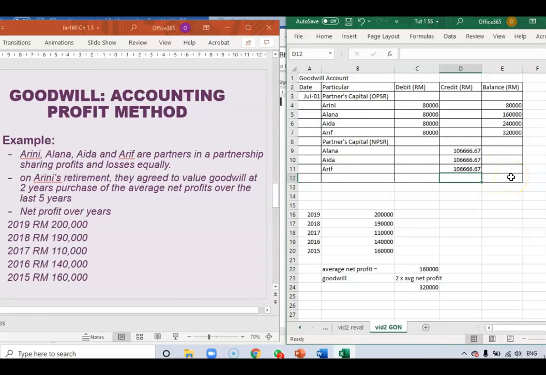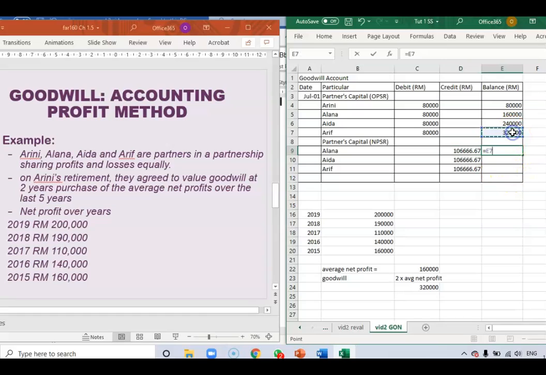So later in your partners' capital account, you will credit Arini's capital 80,000, and then you will debit the other partners, not Arini, on the debit side. So your partners' capital statement will be changed due to the goodwill arising.